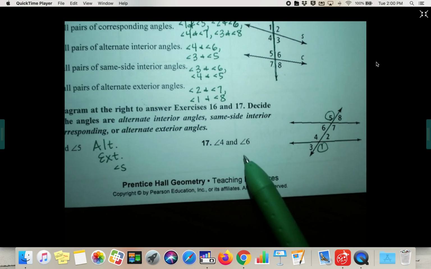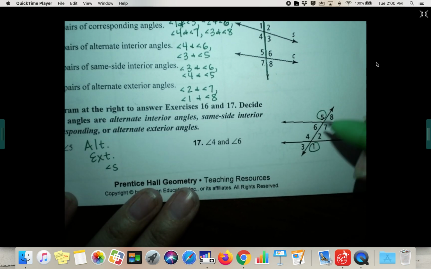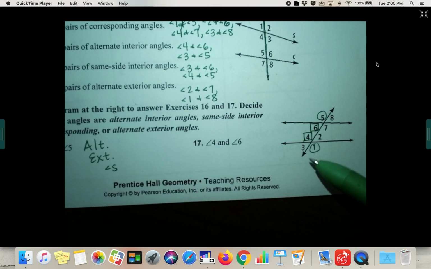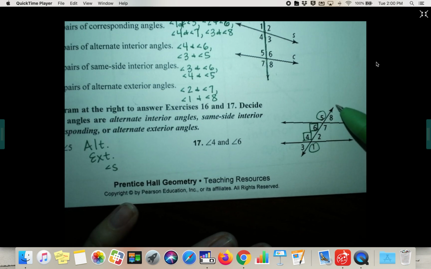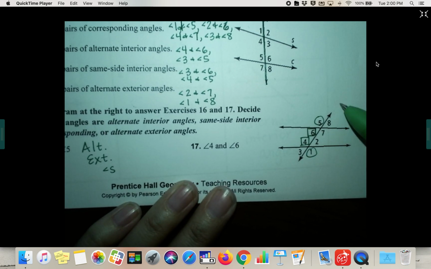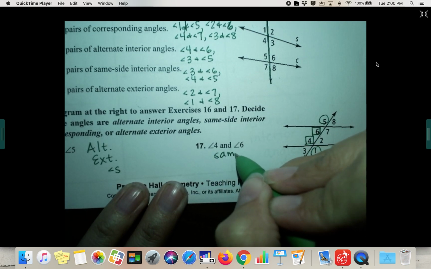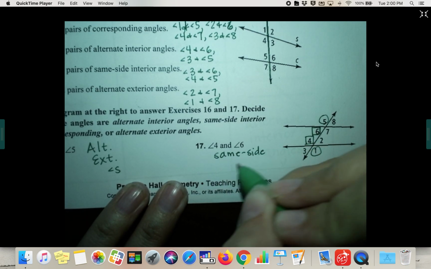All right, and then the last two, 4 and 6, that is this one and this one. These are definitely both interior. They're inside the parallel lines, and they're also on the same side of that transversal line. So these are same side interior angles.